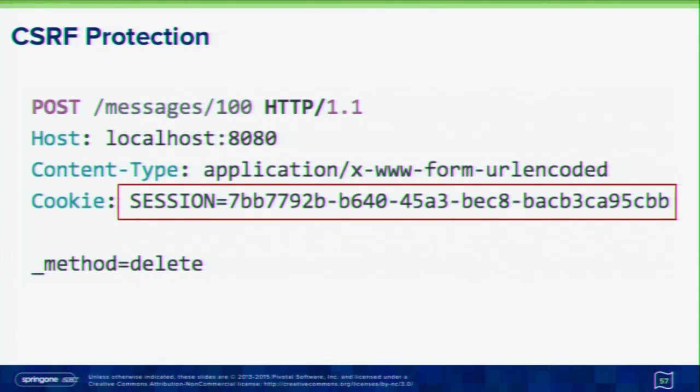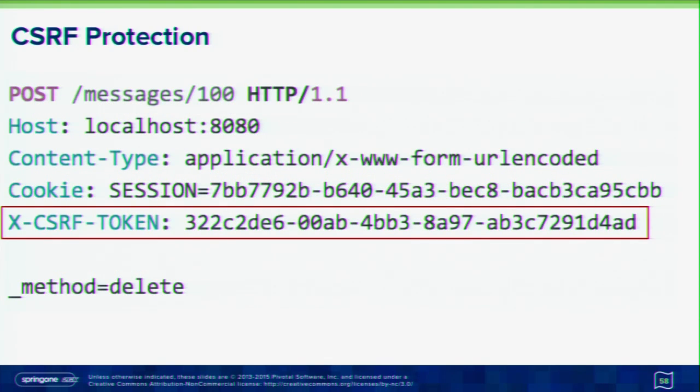So how do I protect against this exploit? Well, you can use a cross-site request forgery token. The idea is that the cookie is automatically included in the request. So if you're on evil.com, it doesn't have to know the value of it. It just submits the request and it's automatically populated. But with a cross-site request forgery token, it has to be manually populated.